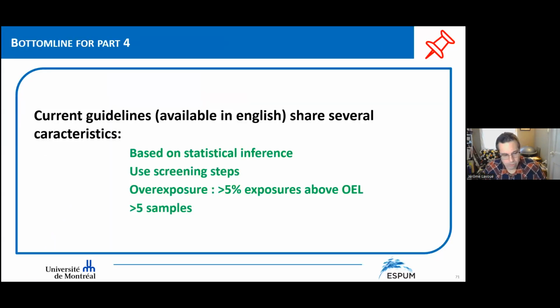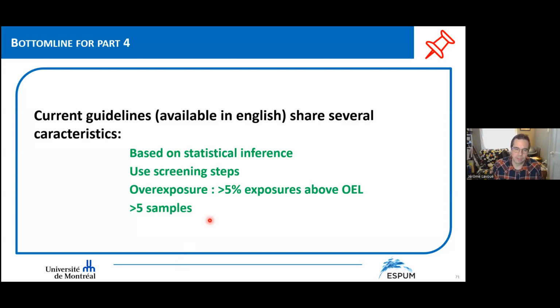So my conclusion for this very short and partial summary of some recommendations: they are all based on statistical inference. Most of them use screening steps to easily classify extreme situations one way or another without having to pay for monitoring and limit the cost.